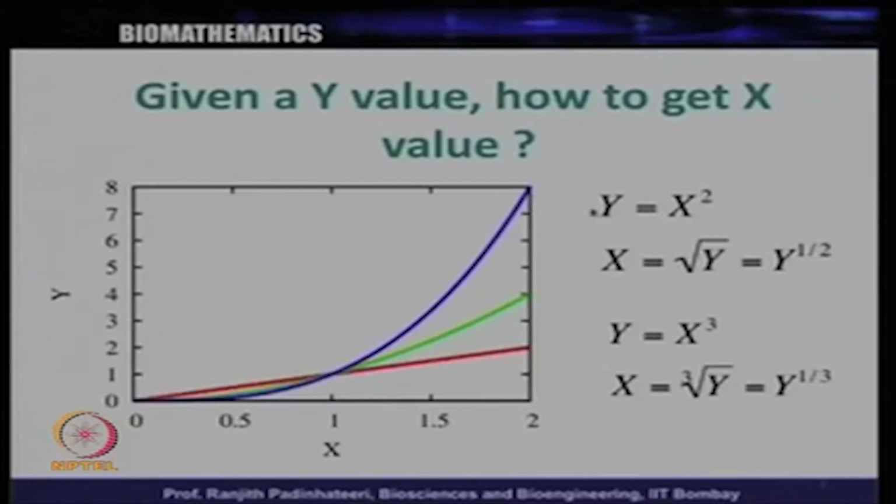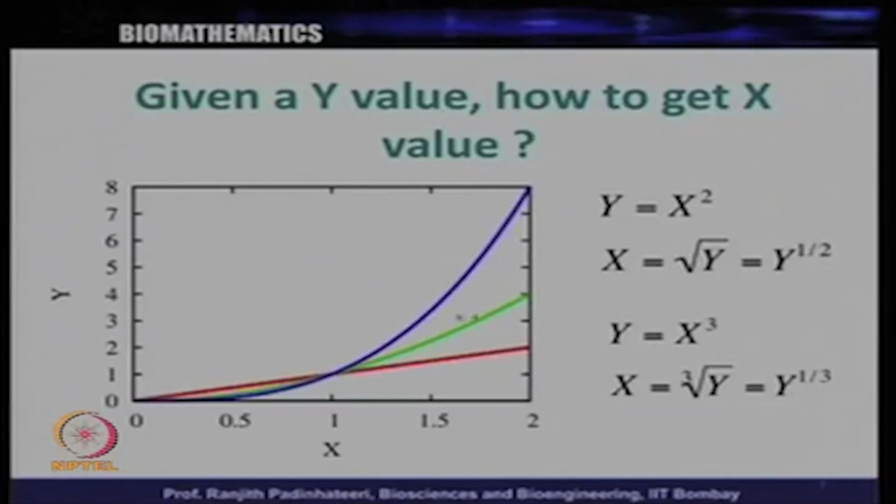Let us take the example of y equal to x square. To calculate x, we will find the square root of y. This is the square root, and is also written as y power half. We saw this square root function last time. So, if the y value is 4, the corresponding x value is square root of 4, which is 2.